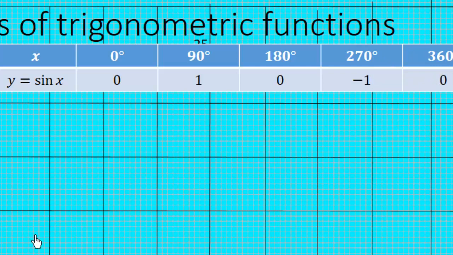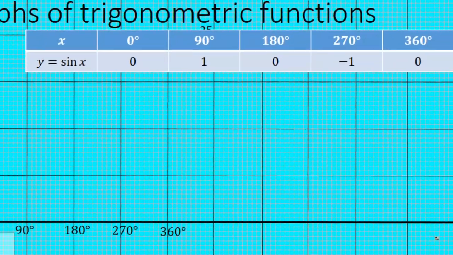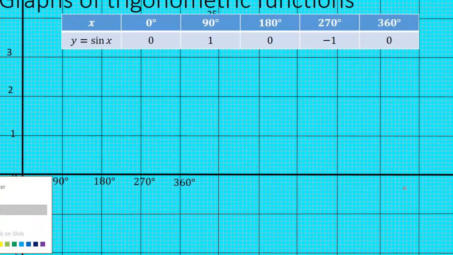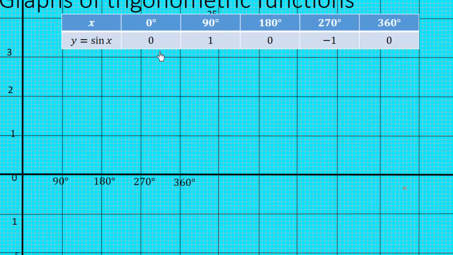So now the next thing we do is plot the points. When x is 0, we're getting y to also be 0, so we plot 0 against 0. It will be the origin over here.